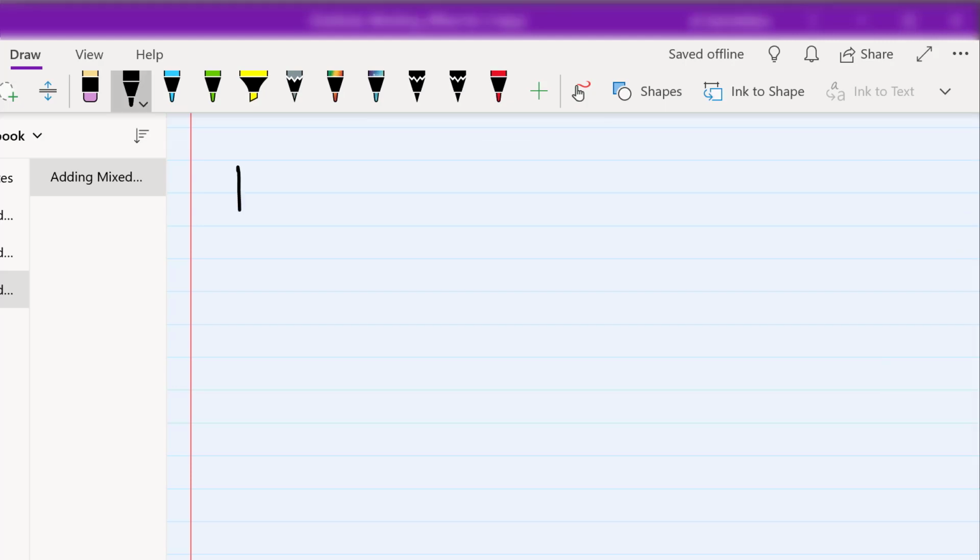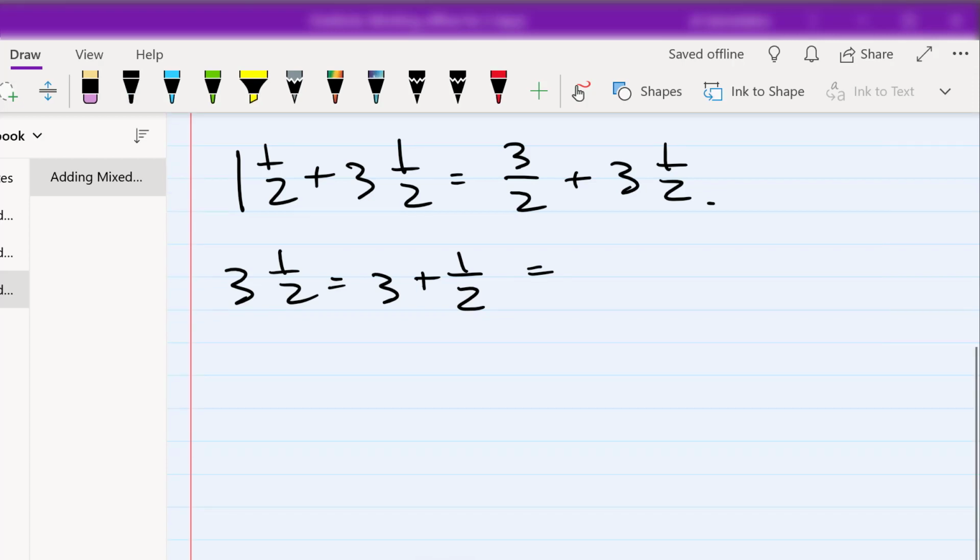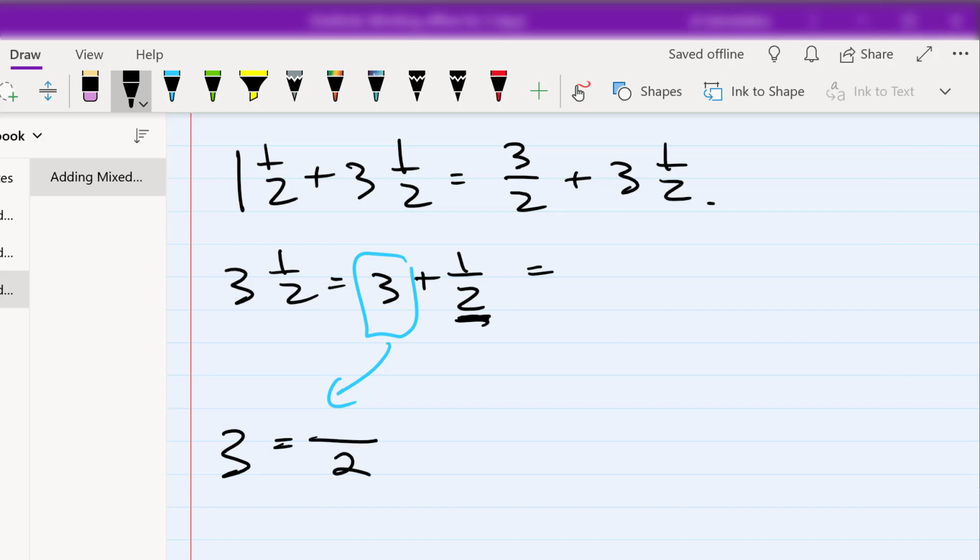Now, if I want to add a number such as 1 and 1/2 plus 3 and 1/2, we said 1 and 1/2 is really 3/2 plus 3 and 1/2. Well, 3 and 1/2 is 3 plus 1/2. As we said before, we have to convert our whole number, which is 3, to a fraction. Well, how do we do that? We observe that 2 is our denominator. So if we get a denominator of 2 and we multiply 3 by 2, we get 6. 6 over 2 is 3.